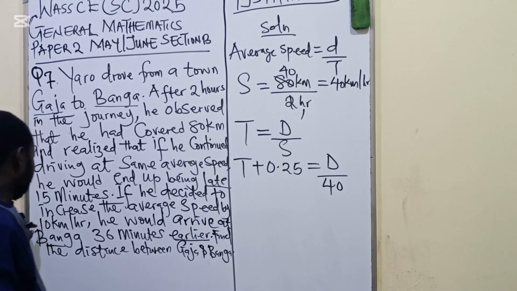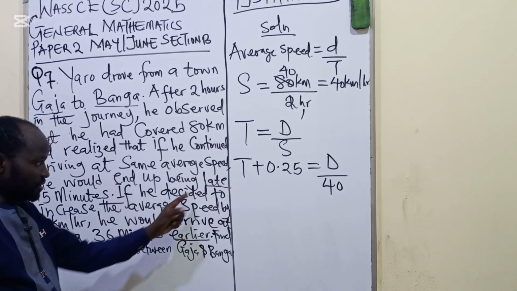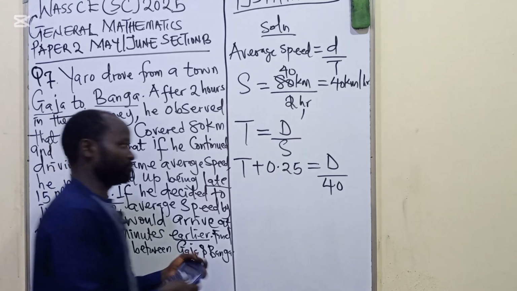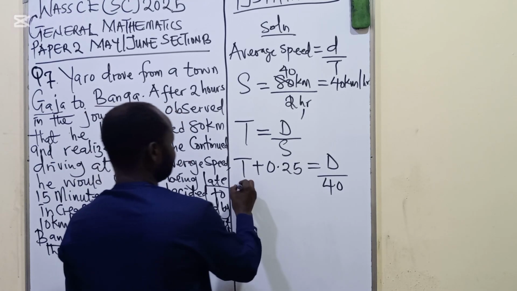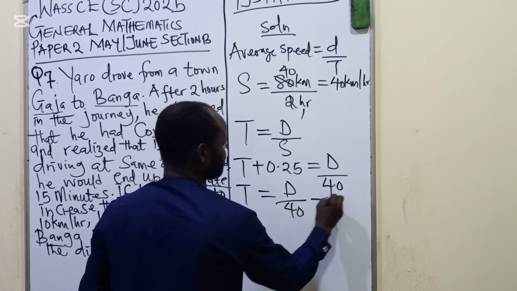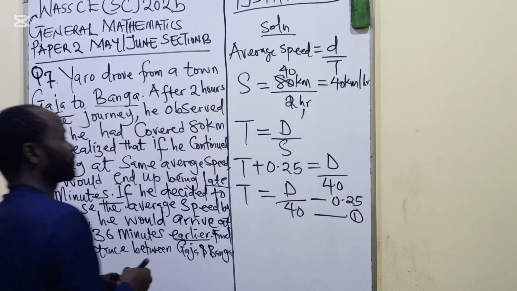So the 15 minutes, we have to add it to the time t because of the word late. But if it is earlier, we have to subtract. Very important. So let's collect that time here. We have t will now be equal to the distance d divided by 40 minus 0.25. Let's call this equation 1. Very important.